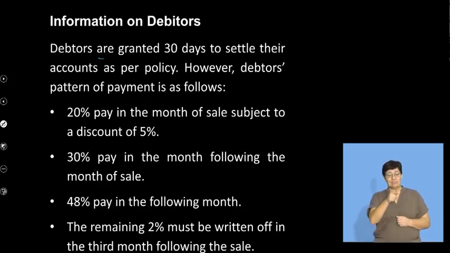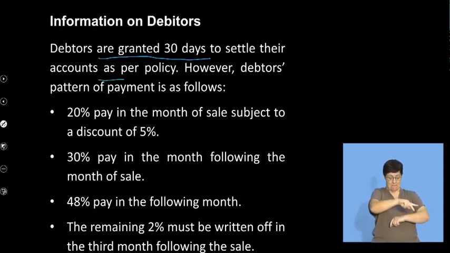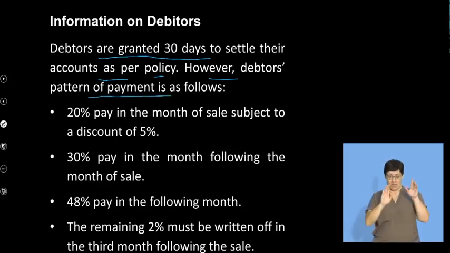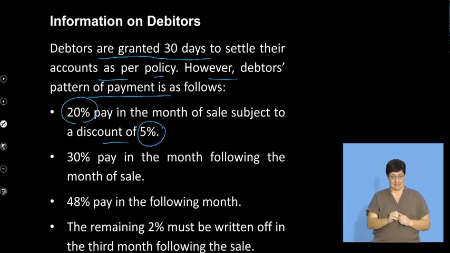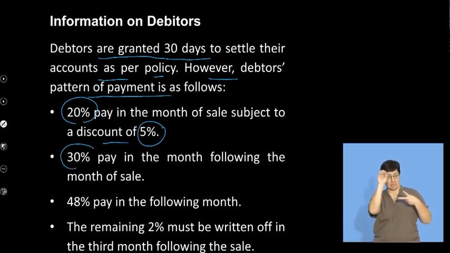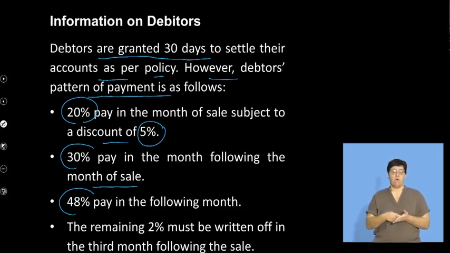Debtors are granted 30 days to settle their accounts as per policy. However, the payment pattern is as follows: 20% pay in the month of sale, subject to a discount of 5%. 30% will pay in the month following the month of sale. 48% will pay in the following month, and the remaining 2% must be written off in the third month as a bad debt, as an irrecoverable debt.